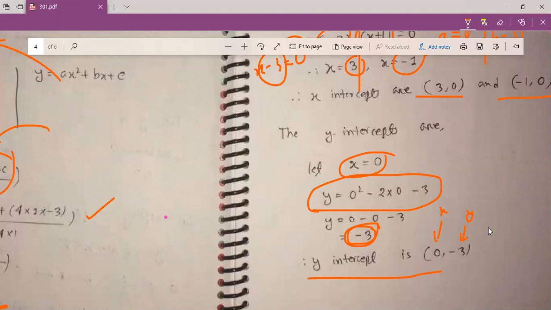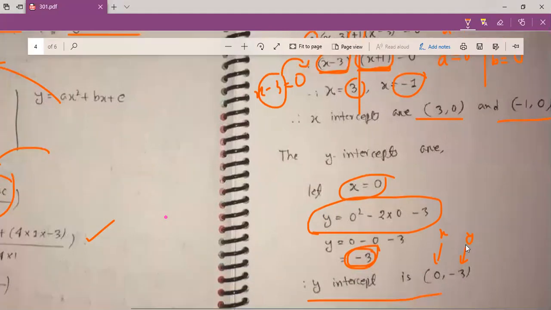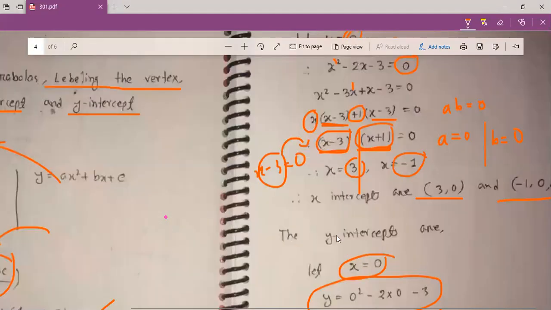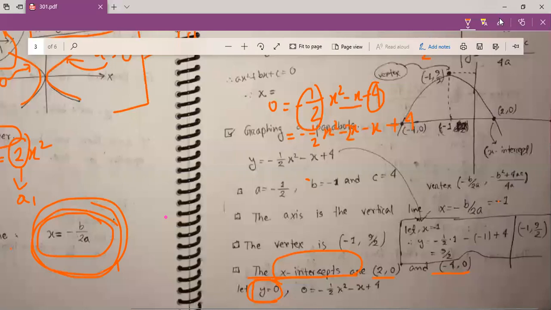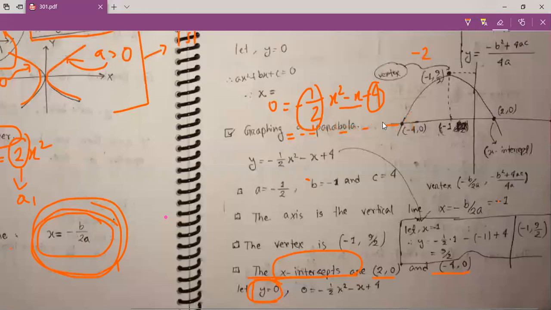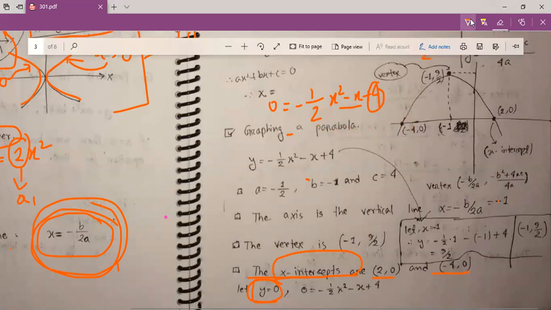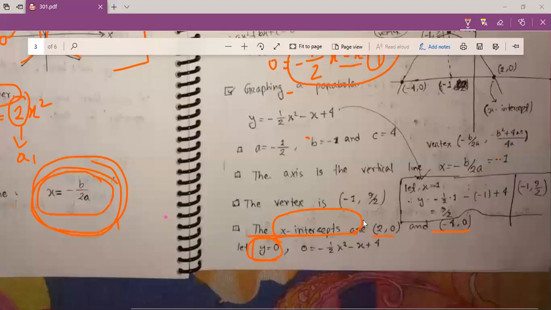Guys, got it? Yes, we got it. This way we find the x-intercept and y-intercept. So in the previous question, this equation was a little complex to solve. Okay, I have to write it down on my paper and solve this. Then we will also find the x-intercept for y is equal to 0. x will be 2 and minus 4.